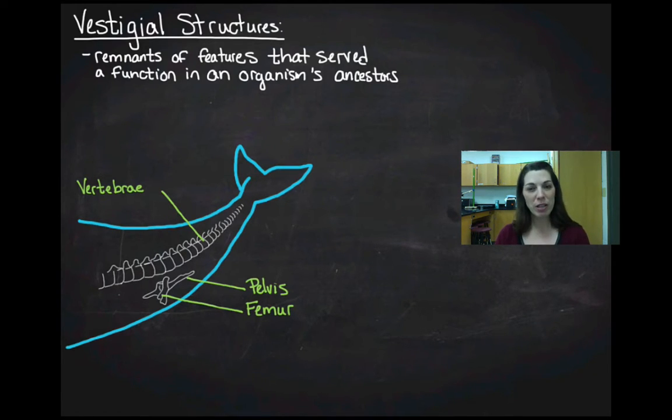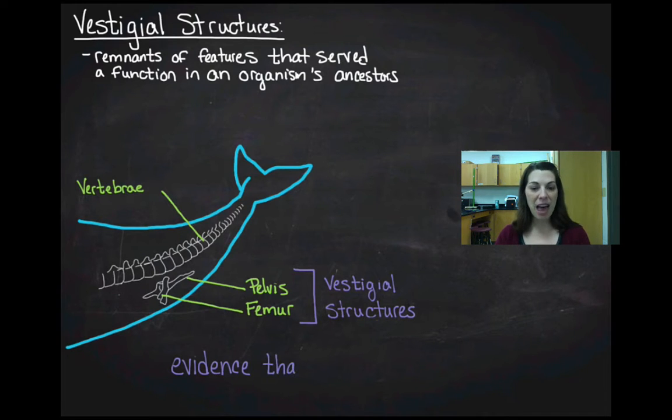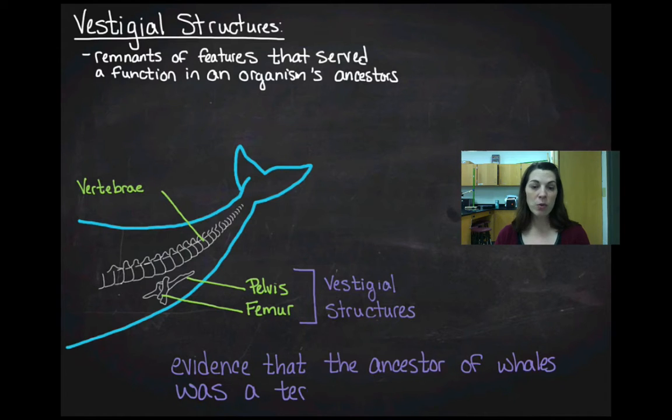For those of you that don't remember, a femur is your thigh bone. So these whales have evidence of a pelvic bone and a femur, and what that's letting us know is that at some point they were terrestrial mammals. So these are vestigial structures, and that's evidence that the ancestor of whales was actually a terrestrial mammal.